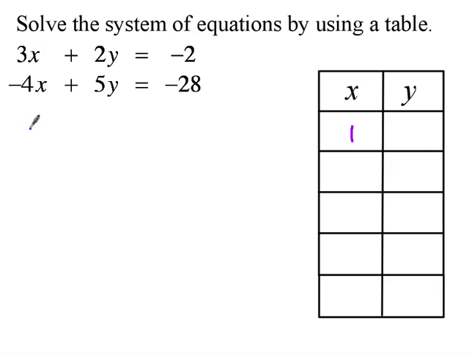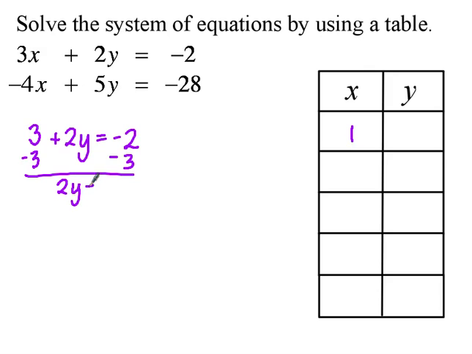When I do that, I get 3 plus 2y equals negative 2, right? Okay. So if I subtract 3, I get 2y to equal what? Negative 5. So what does y equal? Negative 2.5, right? Negative 5 halves. So now I'm going to plug that in and see if that fits in the bottom equation.